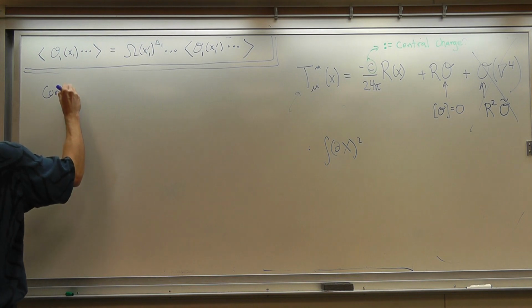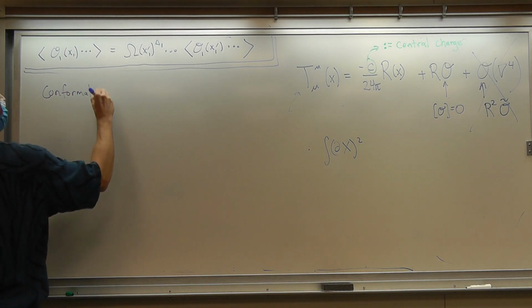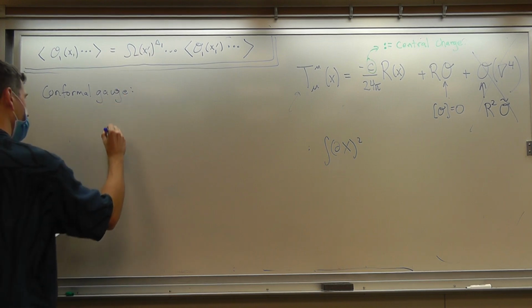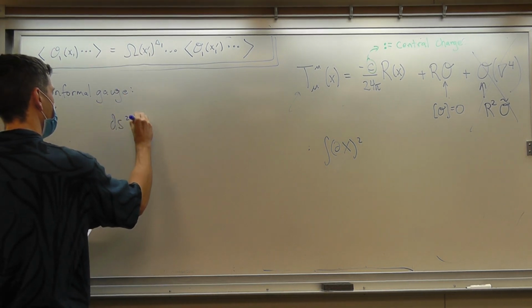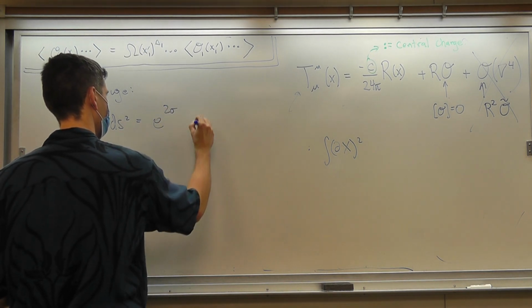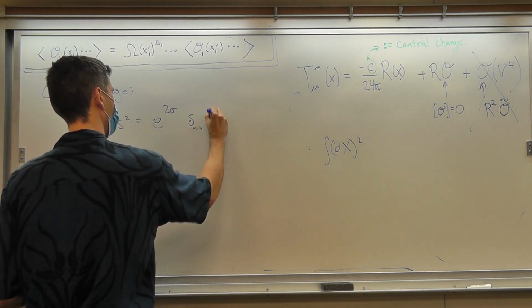I'm going to do this in conformal gauge because it's good enough and easier. So conformal gauge means that we take our metric and we just write it as e to the 2 sigma times the flat metric.